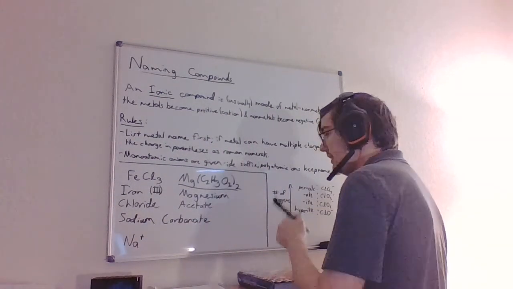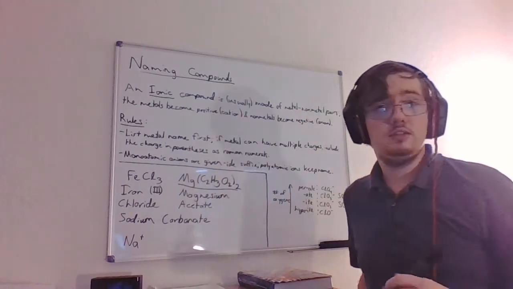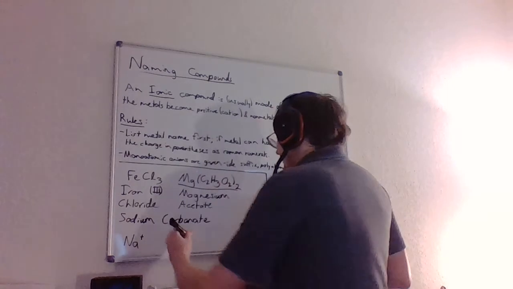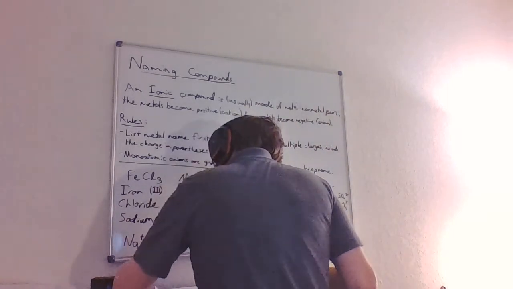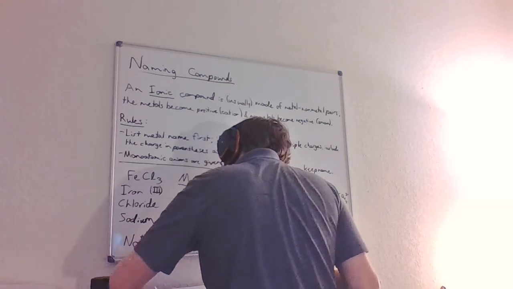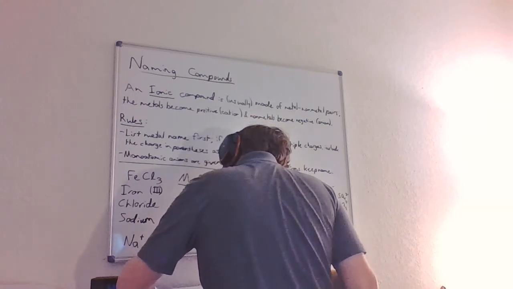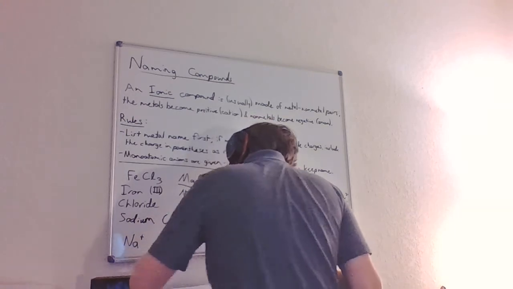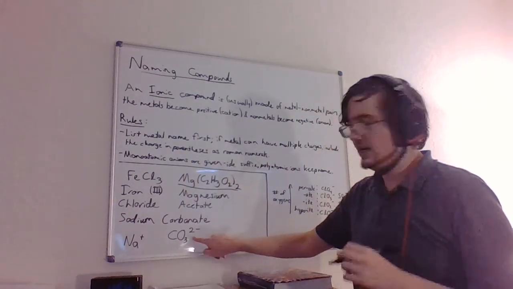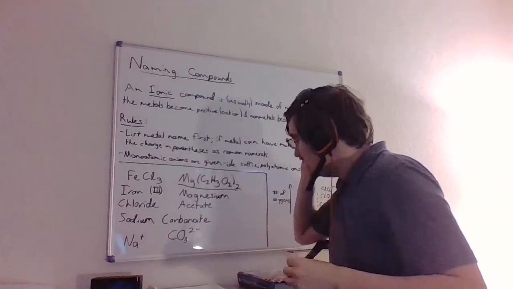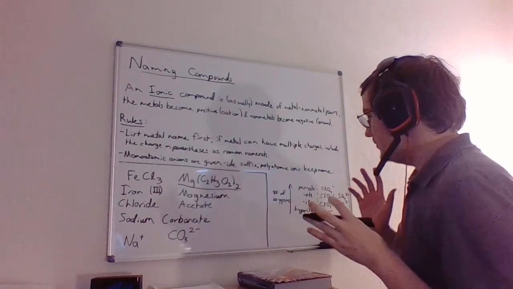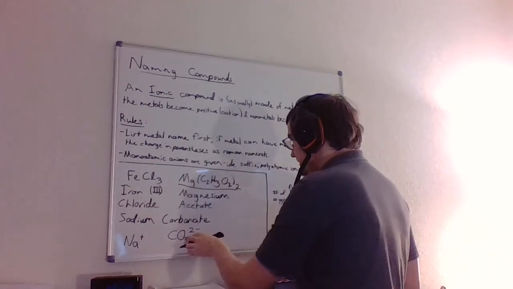Carbonate, that right there is a polyatomic ion, if you take a look at a polyatomic ion chart. And what that polyatomic ion looks like, CO3, is this right here. You have 1 carbon, 3 oxygens, and a negative 2 charge. So we want these charges to balance out.